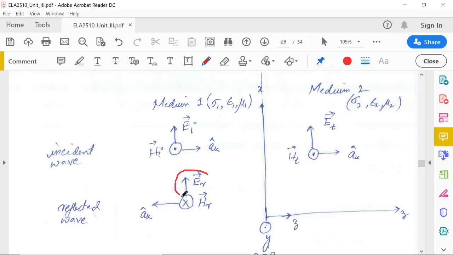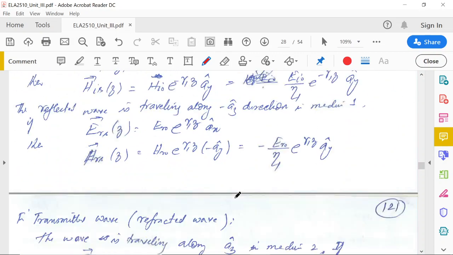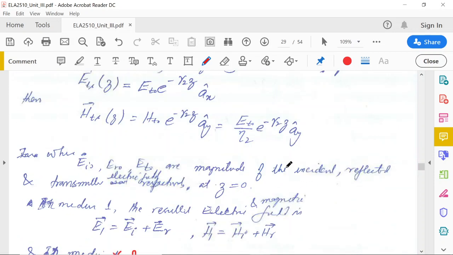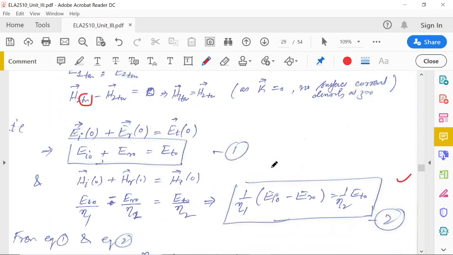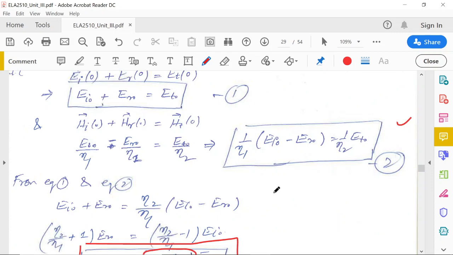So ER and EI may be in the same phase, a different phase, or out of phase, depending upon these parameters. Generally the magnitude will be reduced and the phase will be changed, and what phase change occurs depends upon the parameters of the mediums.